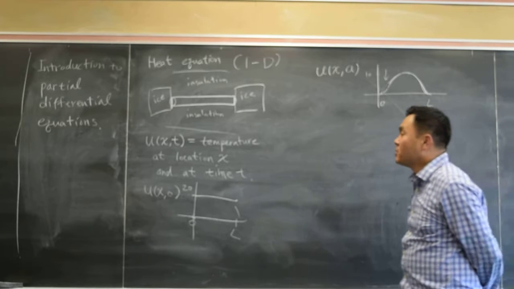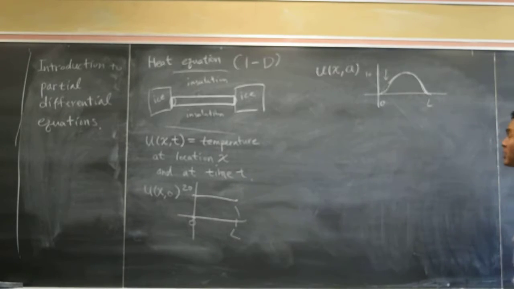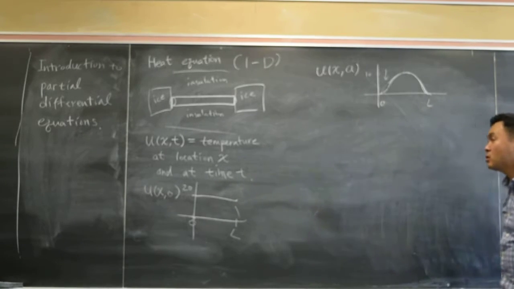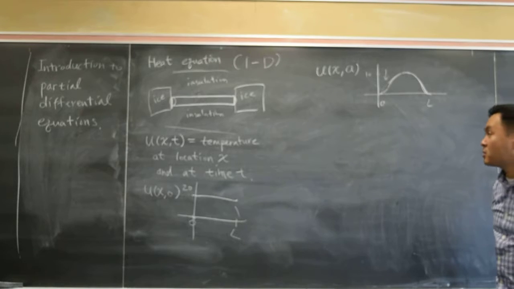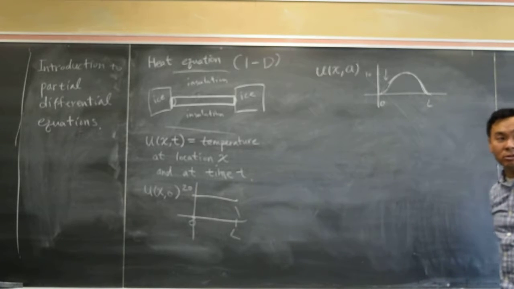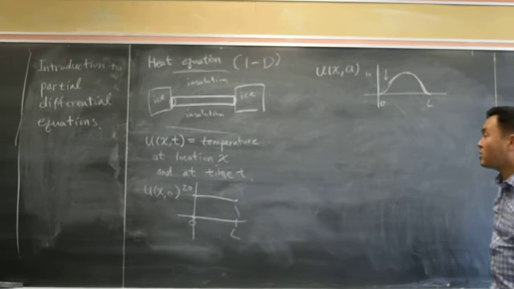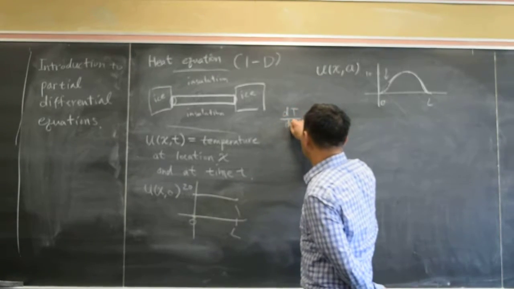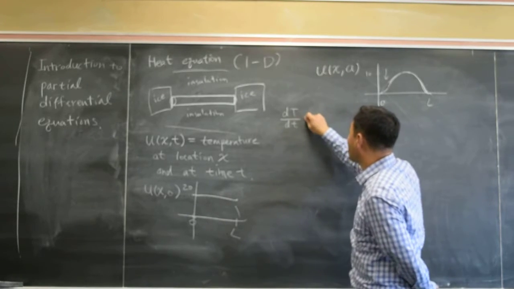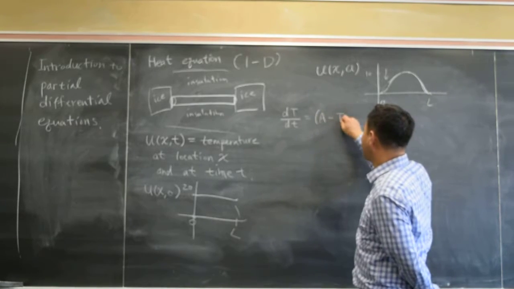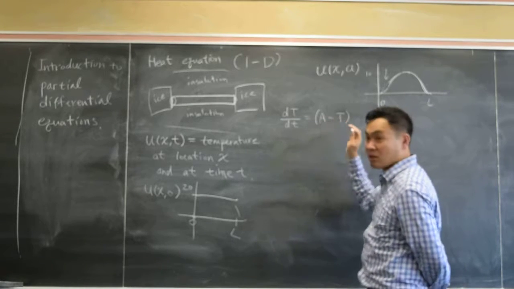Now, in order to figure out exactly what u(x,t) is, we need to come up with an equation that governs this whole system. Okay. And the equation for this comes from Newton's cooling law, which says that the change in temperature is the same as the ambient temperature minus the temperature of that thing.